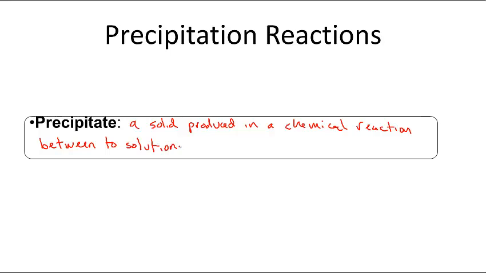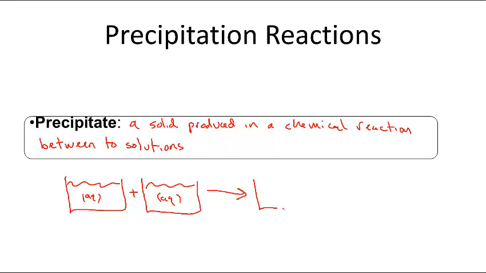So really what this looks like is you have solution 1, which is aq, plus solution 2, which is also aq. And then what you get at the end is a solid on the bottom and a solution.